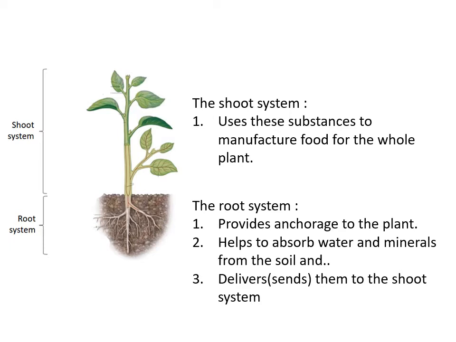I repeat, the root system fixes the plant to the ground, helps to absorb water and minerals from the soil, and delivers or sends them to the shoot system. And the shoot system uses these substances or things to manufacture food for the whole plant.